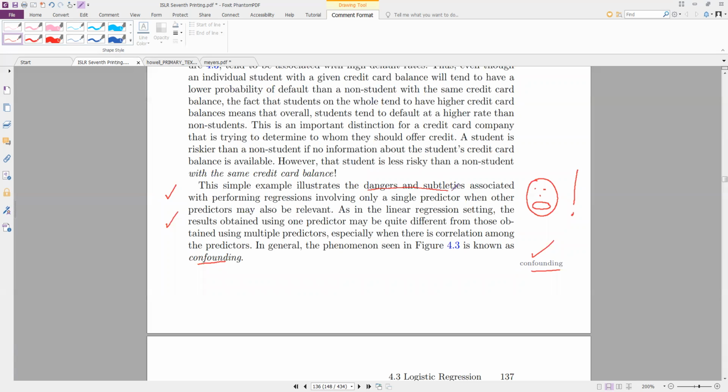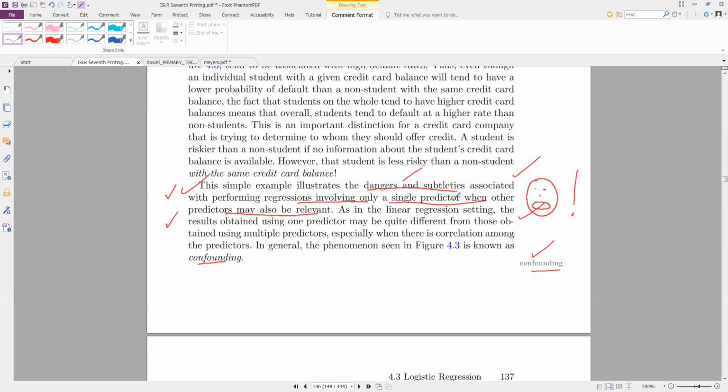The book says: the dangers and subtleties associated with forming regressions involving only a single predictor when other predictors may also be relevant. That's huge, right? That's hardly a footnote. It's a footnote in this book, but you can develop that into a whole chapter and talk about how important that is when you're estimating a model. If your model is not specified properly, then all of these estimates are going to be off.